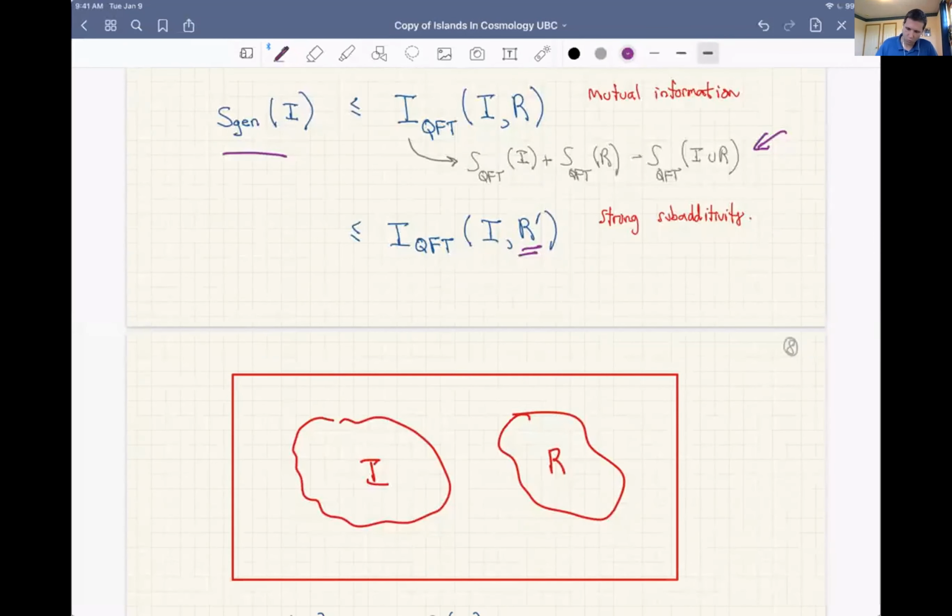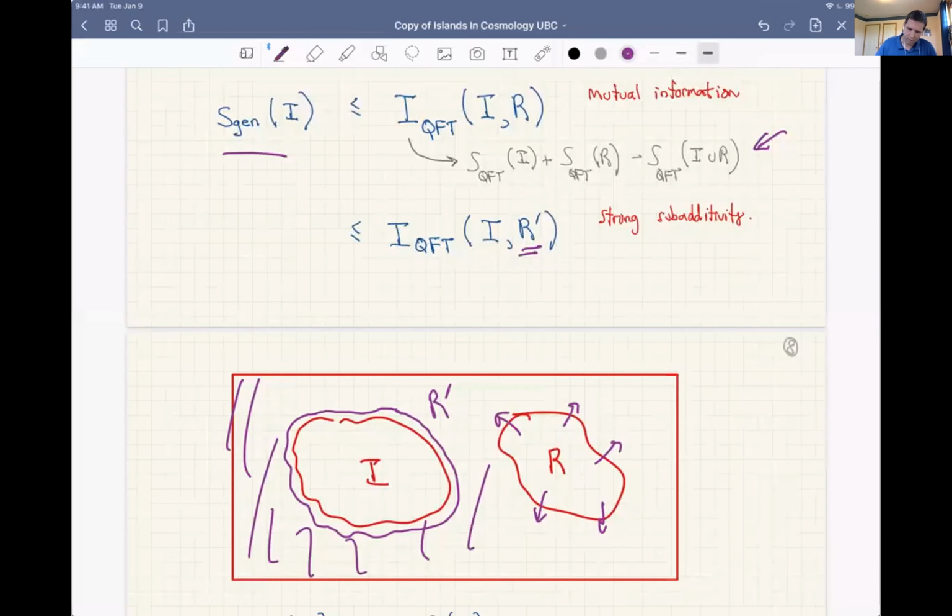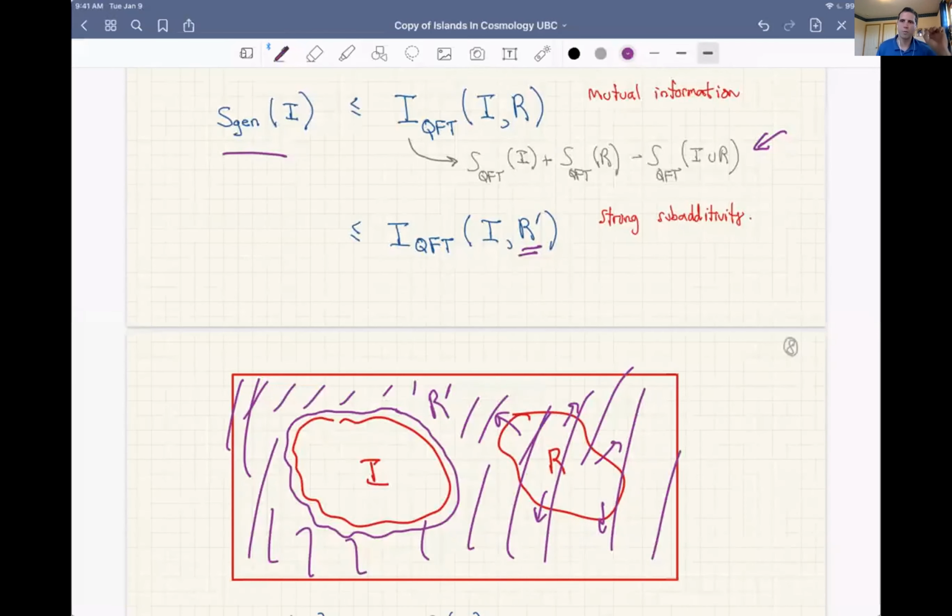What we're going to do is grow region R and apply strong subadditivity in this way, and grow it all the way until it's almost at region I. So region R prime is everything outside of the island, except for a little strip around it, which is going to act as a regulator.